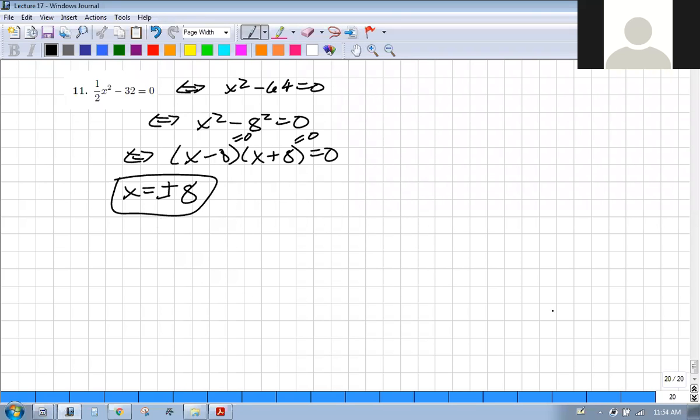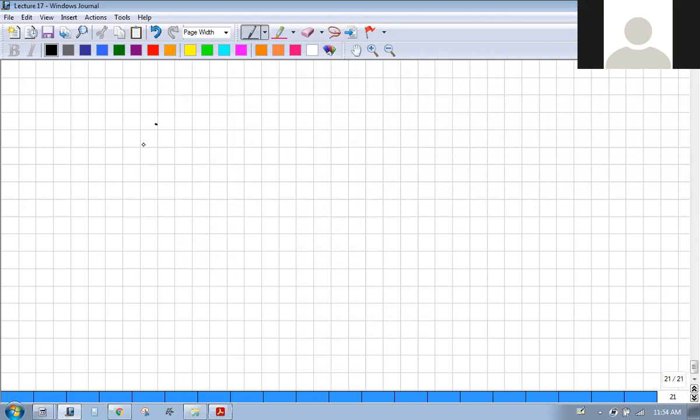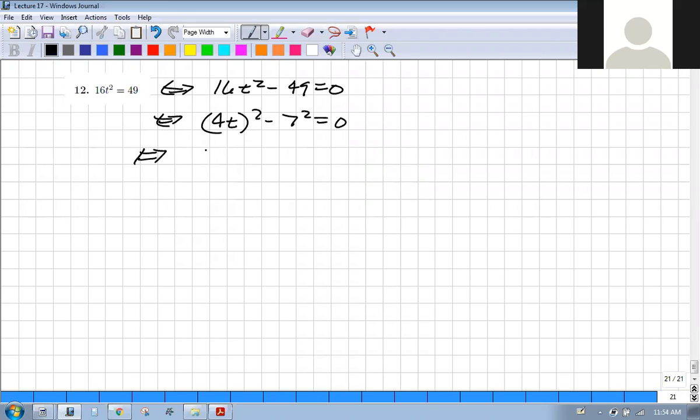And number 12. Okay, let's put everything in standard form. We can rewrite this as the difference of two squares. So we get a 4t minus 7 times a 4t plus 7.